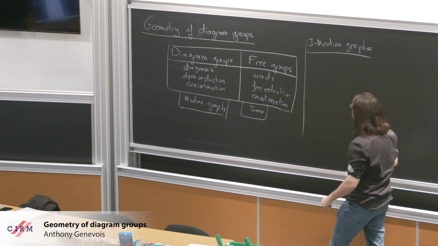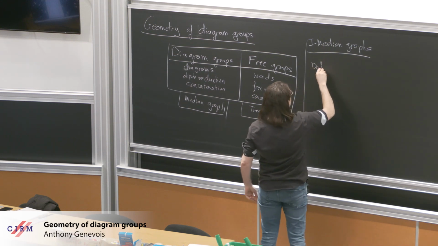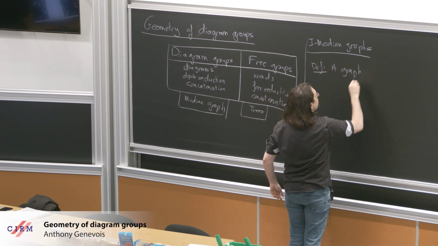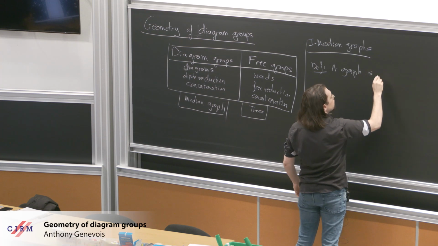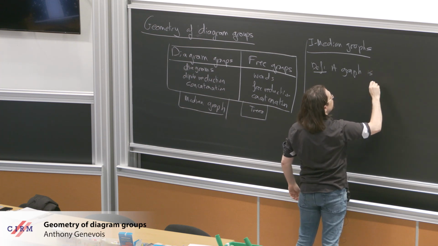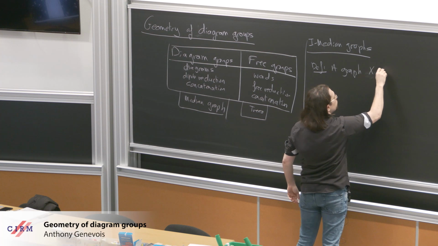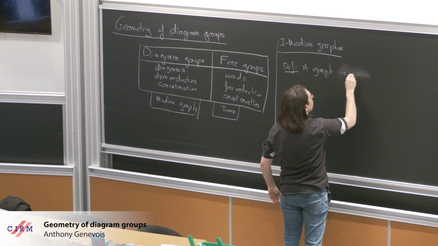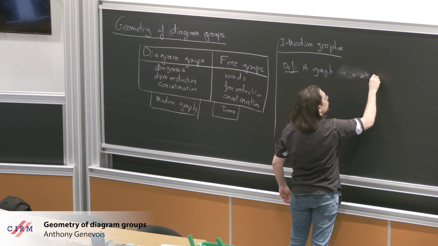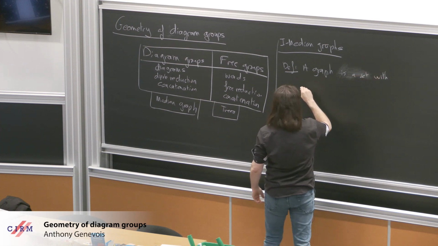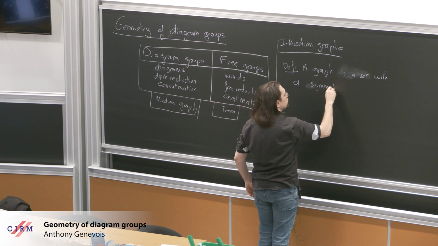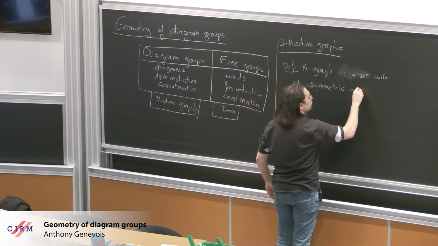To fix the definition, for me a graph today is just a set, with a relation which is symmetric and anti-reflexive.